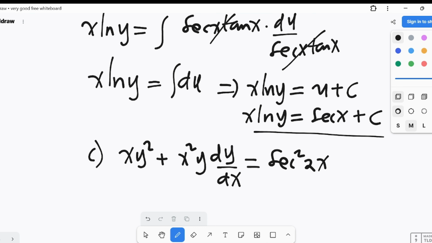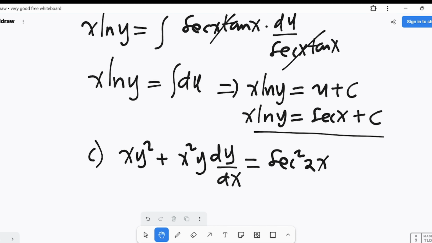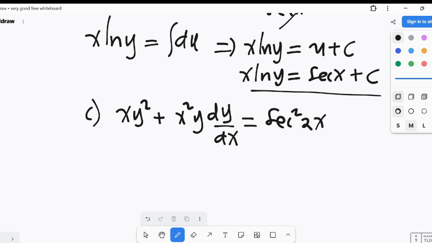Now this one you have to be very careful. To know where this one came from, if you look at that first one, x was differentiated. In the second one, it was a square. So when they differentiated x here, it was something like 2xy square.